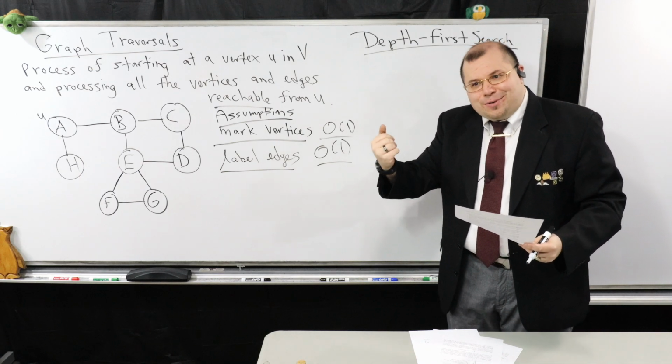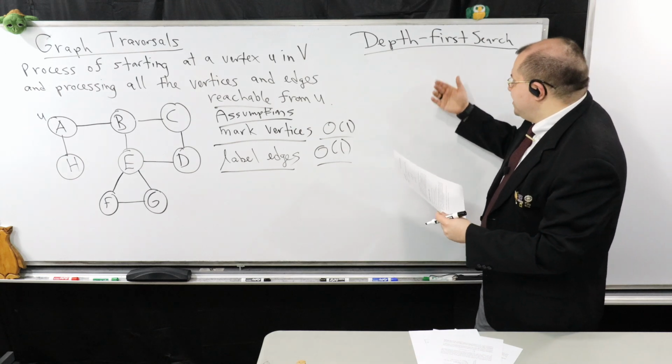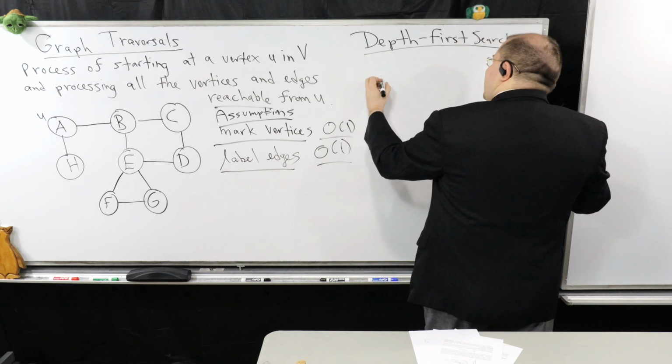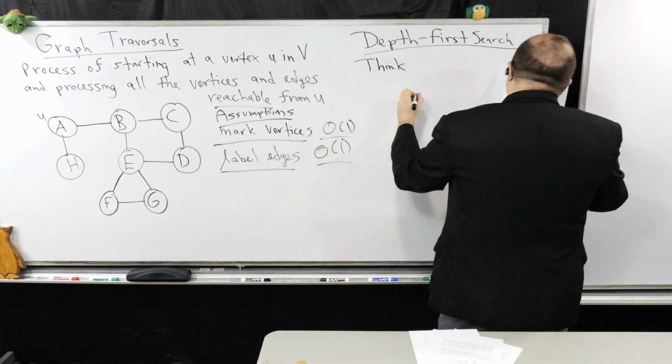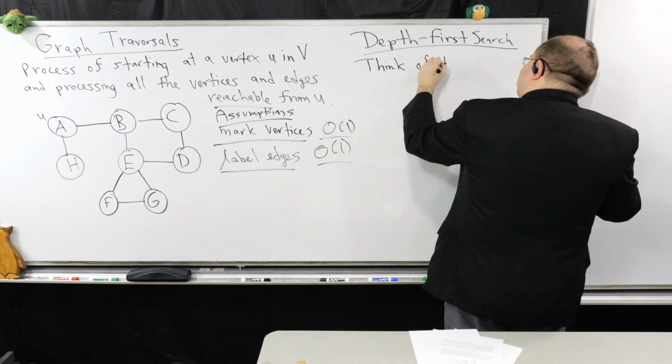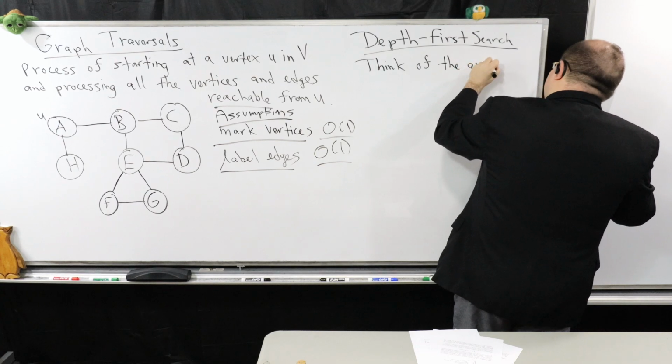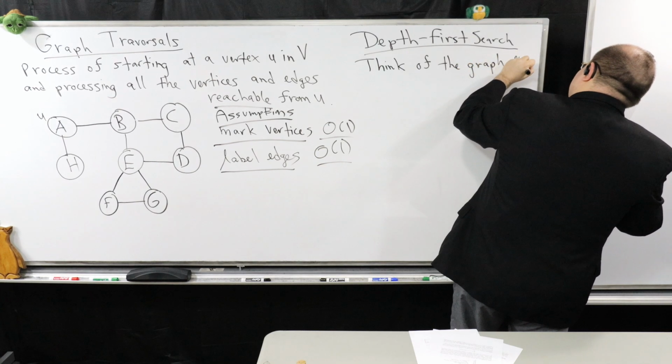That's the first thing we're going to look at, and I'm going to do this through the so-called depth-first search. Here's the analogy I like to draw upon to explain this. Think of the graph like a maze.